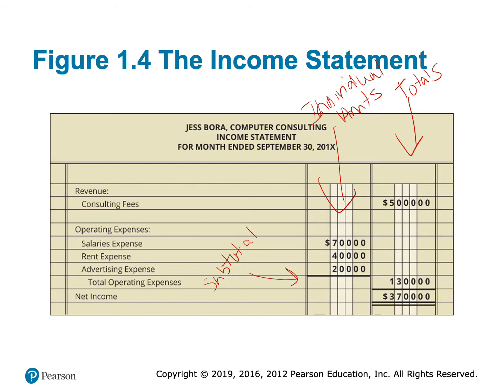Now, I want to encourage you to do something. We know that we calculate net income by saying revenue minus expenses. In accounting, we indicate subtraction or negative by putting parentheses around something. You technically don't have to put the parentheses in the financial statement, but I want to encourage you to do that.